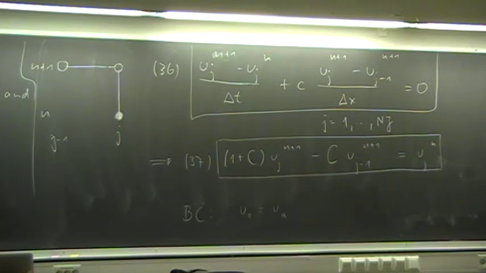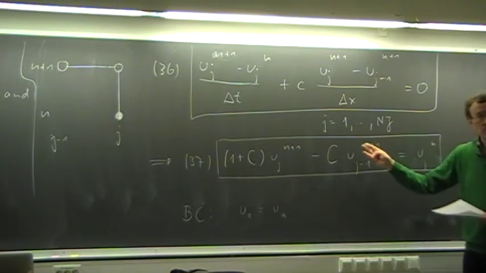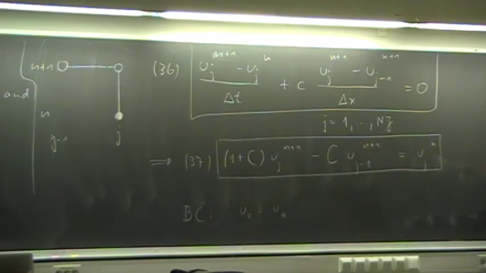We have nj equations, and they are defining a linear system. Because we can now no longer determine the value at the new time level directly, as we could with the explicit method. We have now an implicit method, so that defines now a linear system.